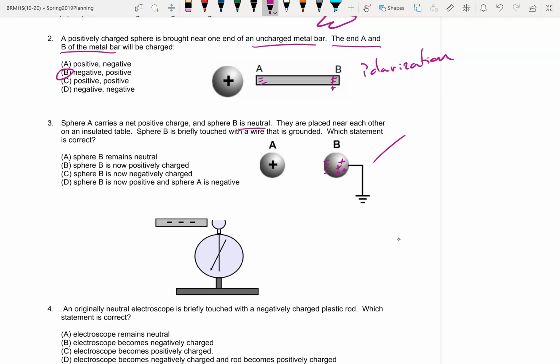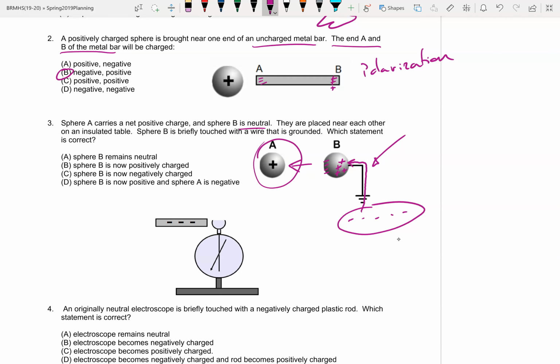Then when we ground it, that's the grounding line right there, that means it's connected to the Earth, and the Earth is like an infinite reservoir of electrons. It can give you electrons, or the Earth can absorb them, like a lightning rod will absorb the electrons and ground that electrical discharge from the lightning straight down into the ground. So once we ground it, electrons down in the Earth are going to come up through the ground line because they're attracted to those positive charges on the right side of sphere B. They're essentially being pulled up by the force from the positively charged sphere A. It's pulling all the electrons towards it.